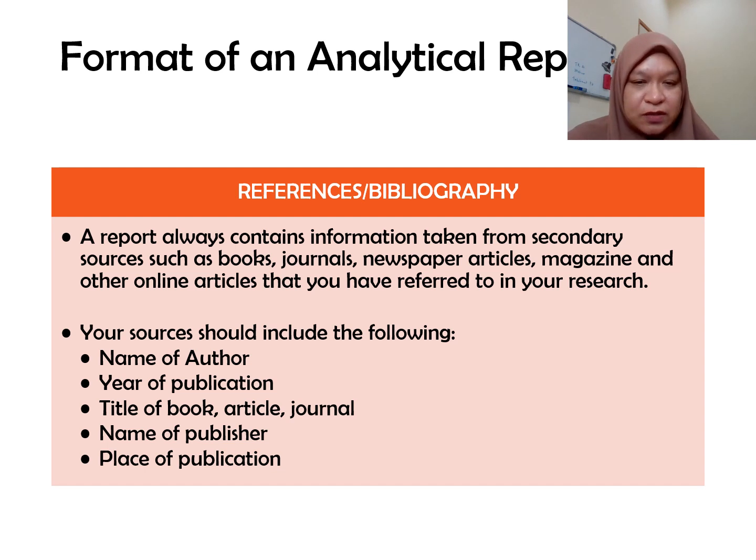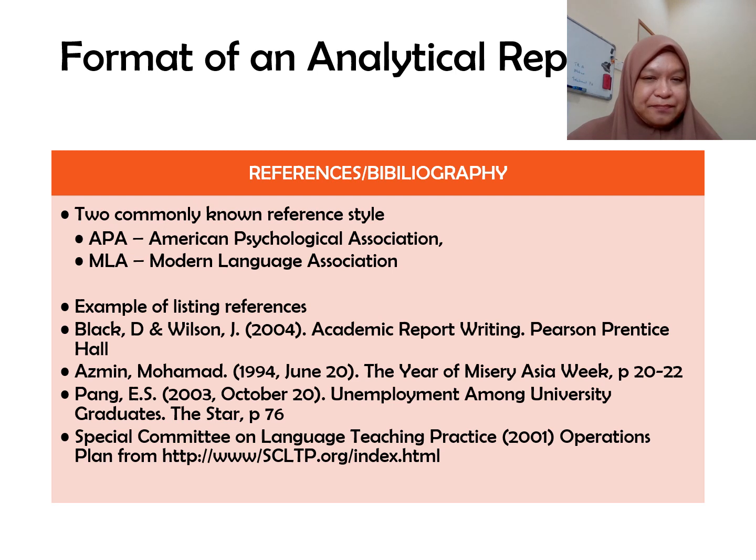Your sources should include the name of the author, the year, title, book or article or journal, name of publisher, and place of publication. Usually we have two types of style that we use, APA or MLA. You can see the example there.